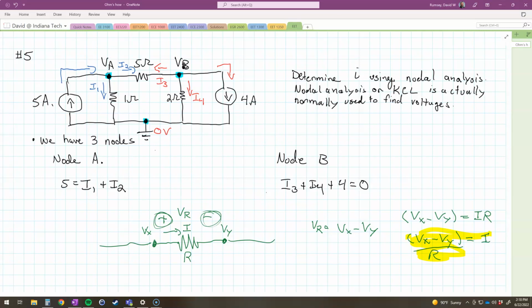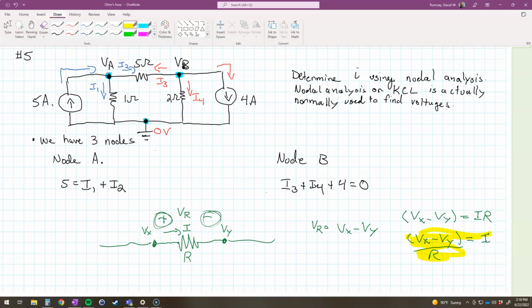Now, the cool thing is, if you always draw it with your arrows going this way, another way you can think about this is it's the voltage at the tail.